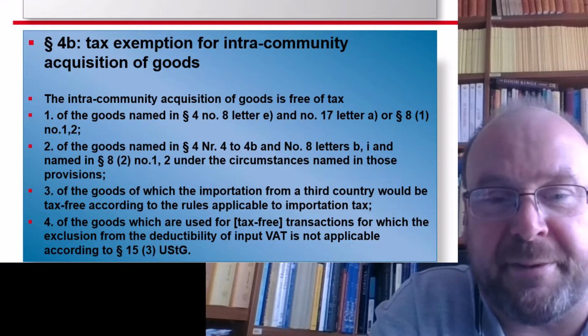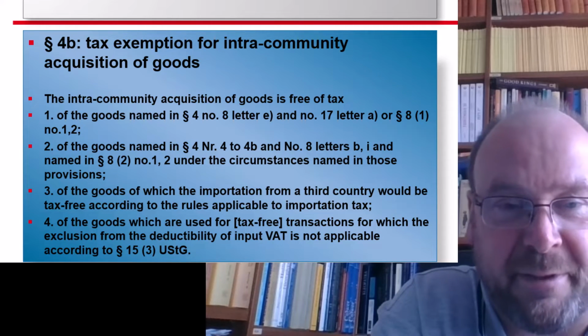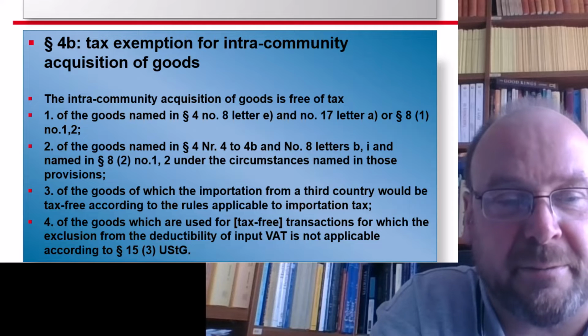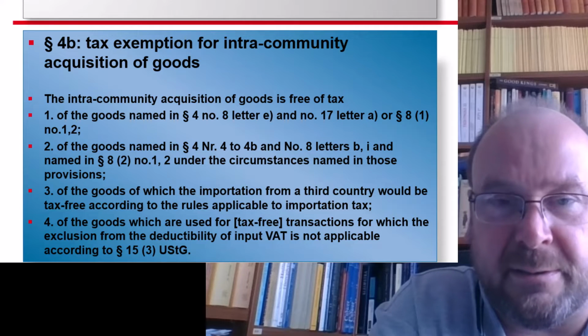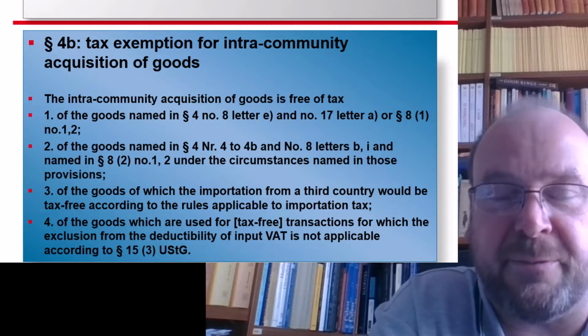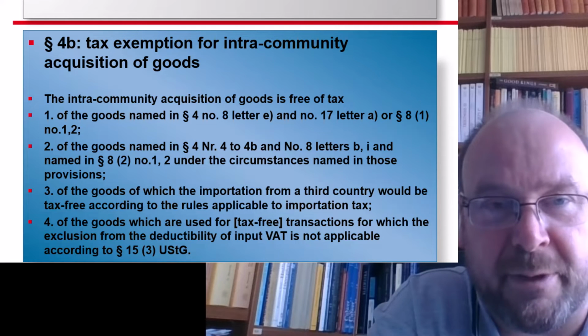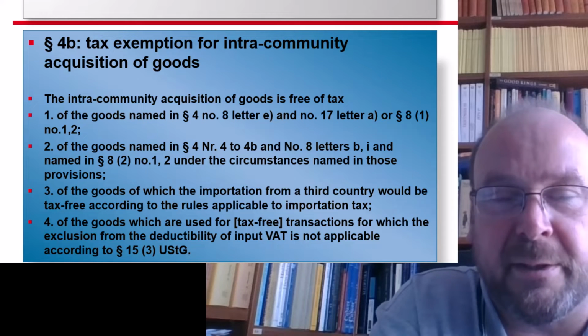8.1 is a special exemption for international traffic organizations. Well, goods named in number 4 to 4b. For example, 4a are goods which are delivered into a tax-free warehouse.